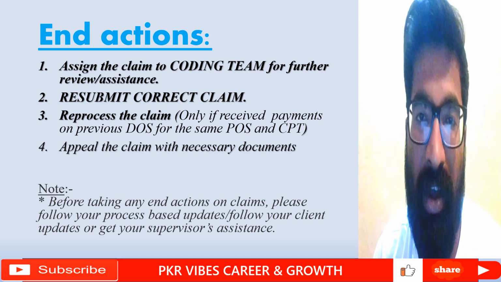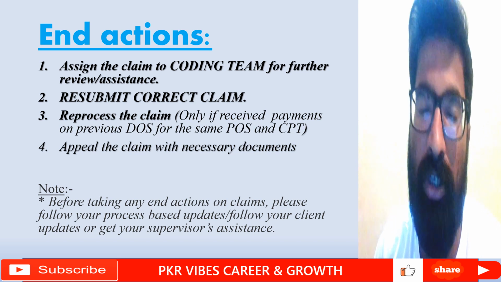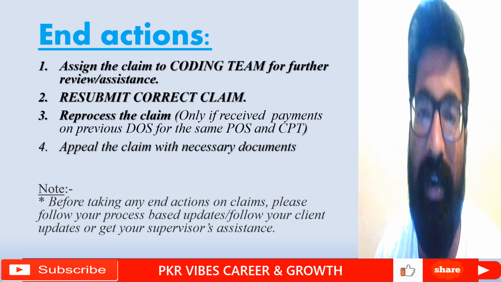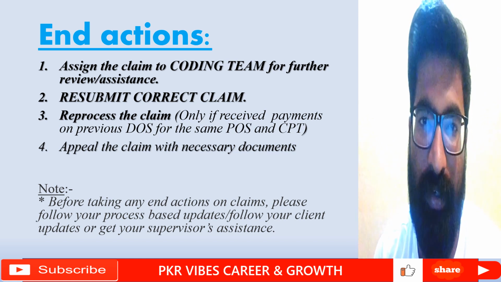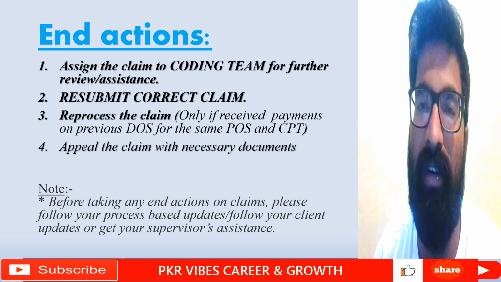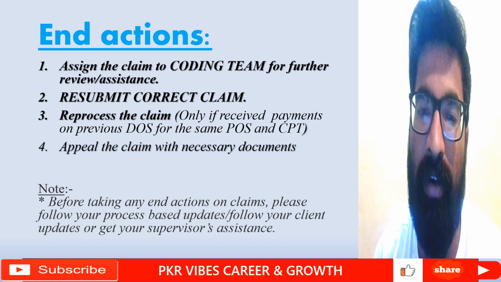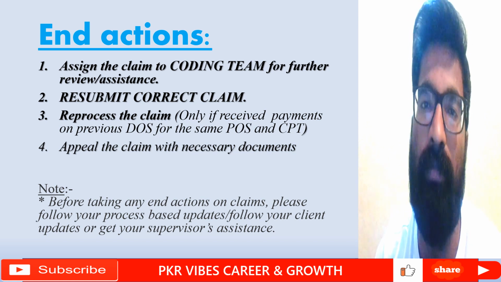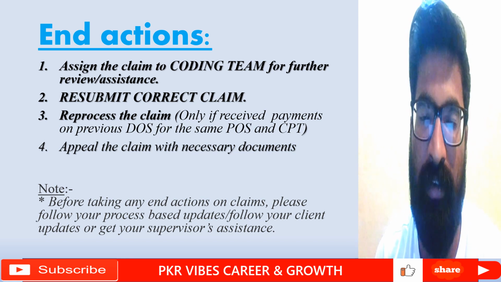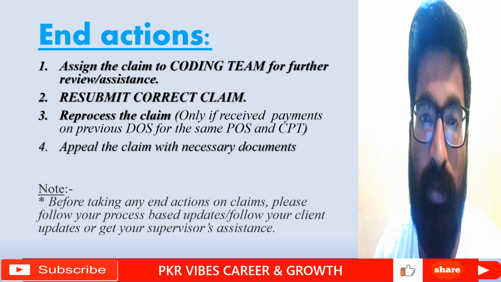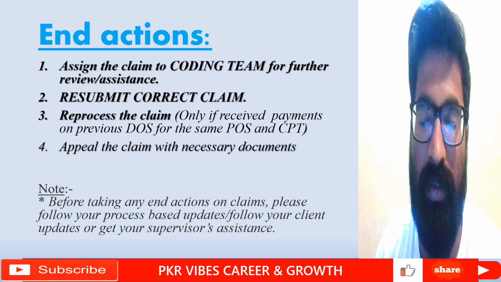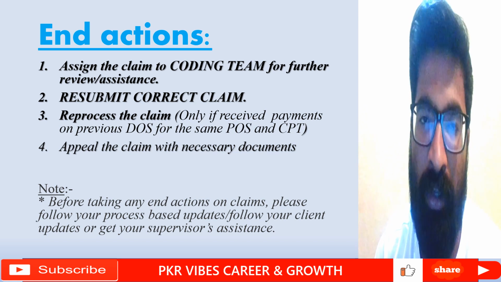Then your last chance to get the payment to the doctor is an appeal. You have to appeal the claim so that the dispute team will cross-verify your information on the claim, and they will verify the documents you submitted while appealing. Then the appeal and dispute team will decide whether to give the payment to your doctors or to deny the claim again.